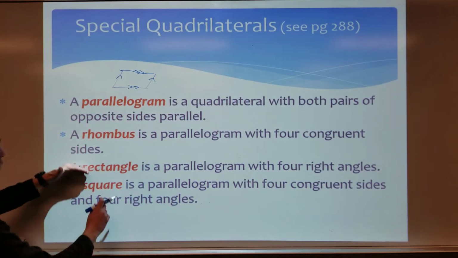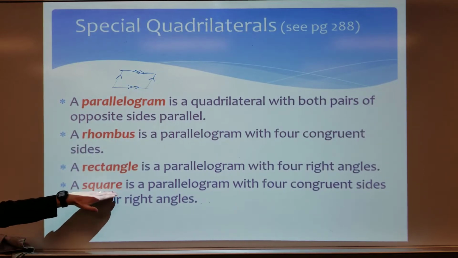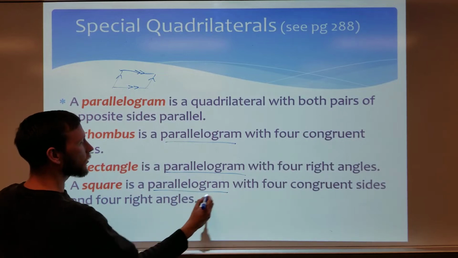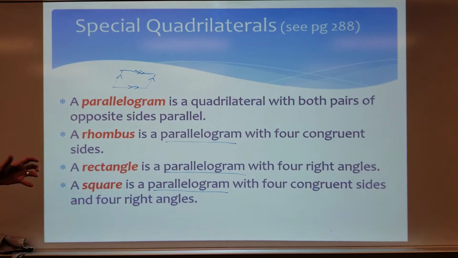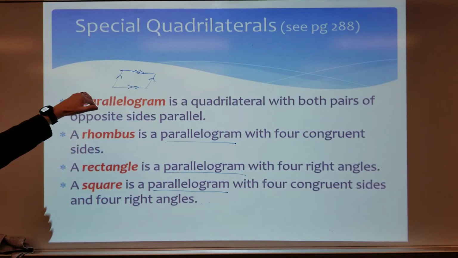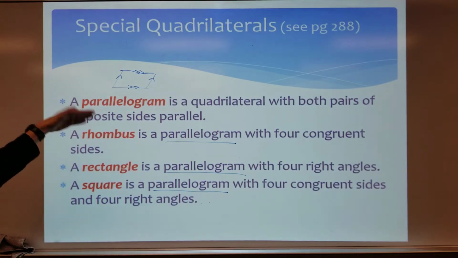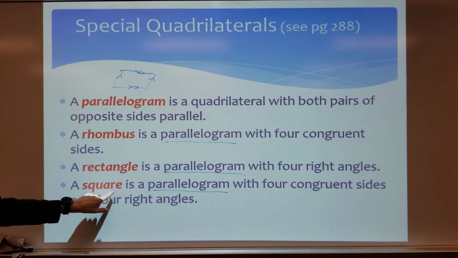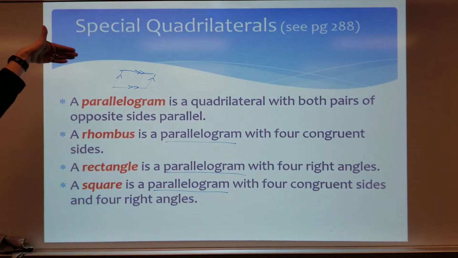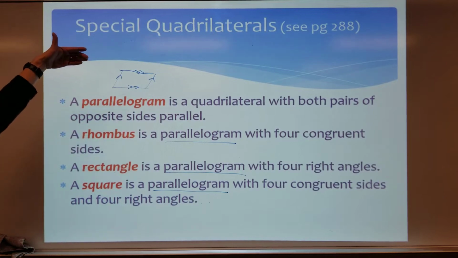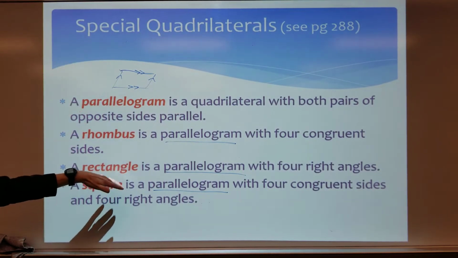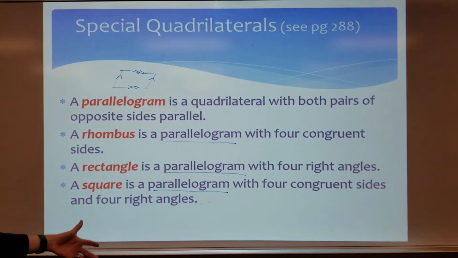Now, every one of these special quadrilaterals is a parallelogram. Parallelograms don't necessarily have these traits, but a square is a parallelogram, a rectangle is a parallelogram, a rhombus is a parallelogram, but not every parallelogram is a rhombus. Not every parallelogram is a rectangle, and not every parallelogram is a square.